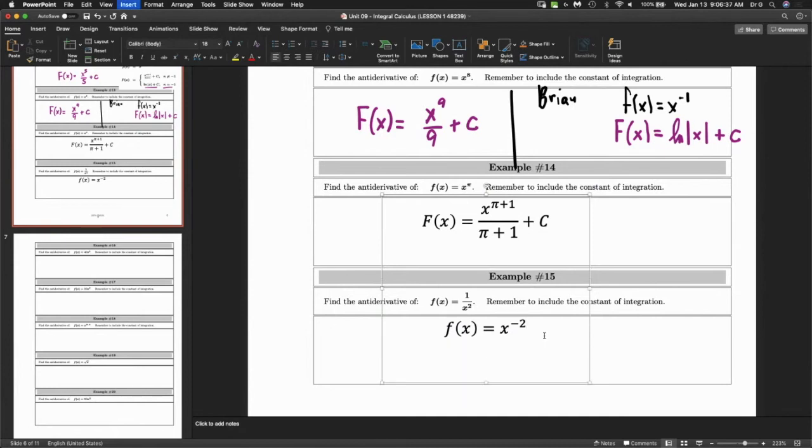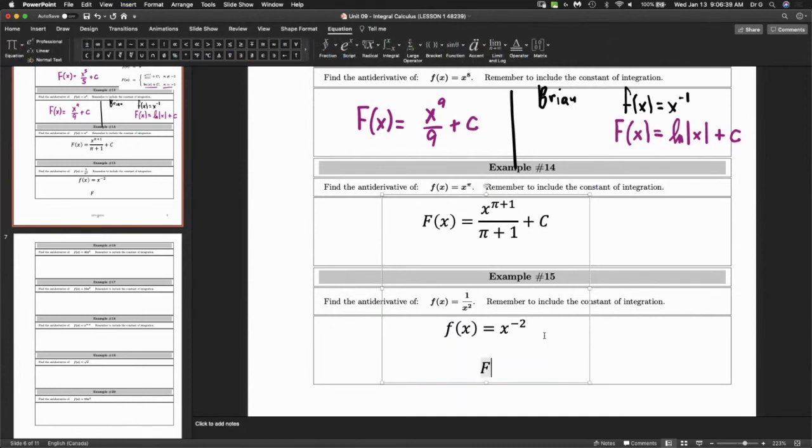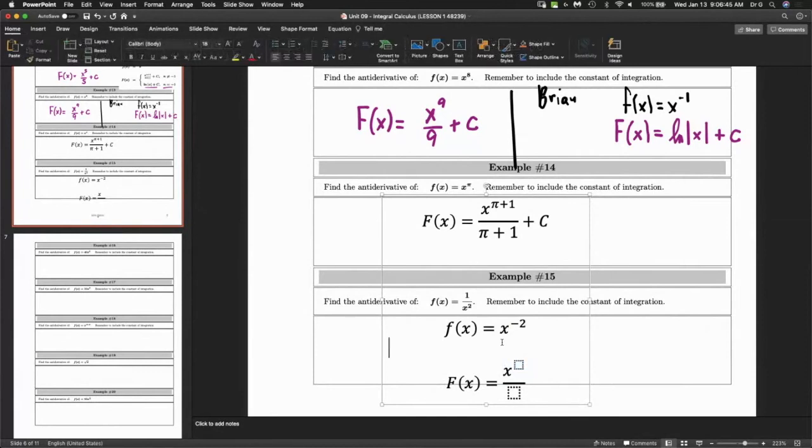So now it's easy to find the antiderivative because you put x to the something over something. Now, granted, it is a little bit weird, but we will get through it. You take -2 and you add 1, and you do -2 and you add 1.